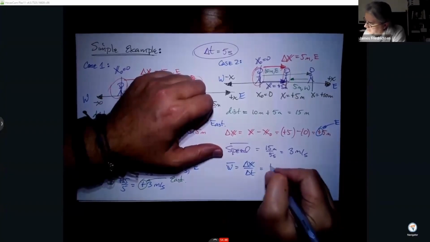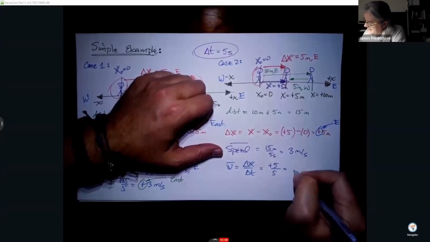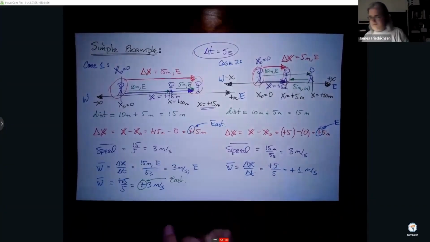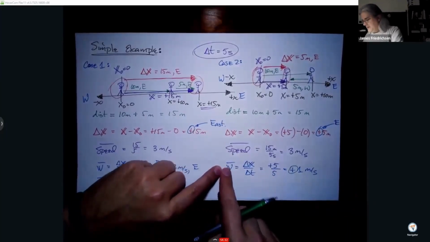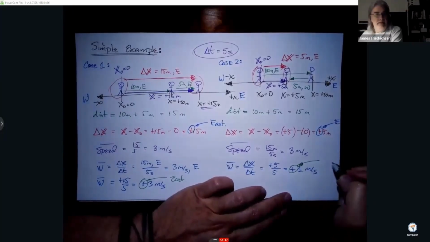So coded in the coordinate system, that would be the plus 5 meters over the 5 seconds, gives me plus 1 meter per second. And the positive sign here indicates the direction, because this is a vector quantity. You can tell because it's got the extra line on it. This is east.